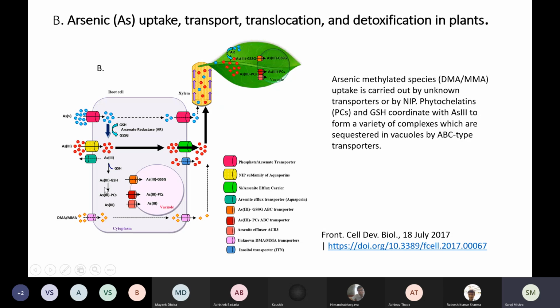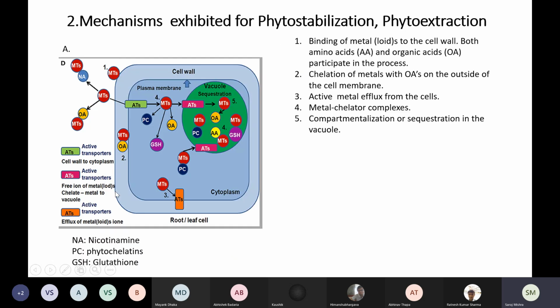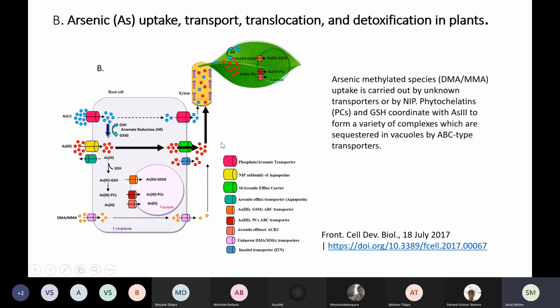Just like you saw in the previous slide, either in complexation with glutathione or in complexation with these phytochelatins, it can be simply pumped into the vacuole. And the same thing you see here: this is a vacuole. So in any of these forms, it can now enter inside the vacuole.